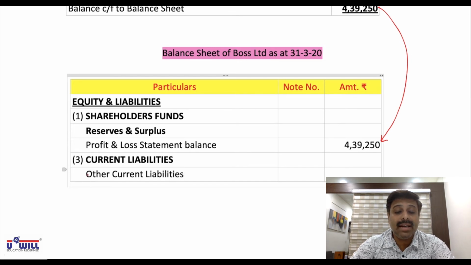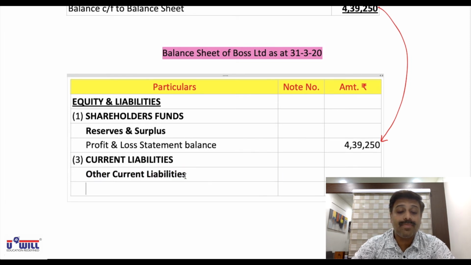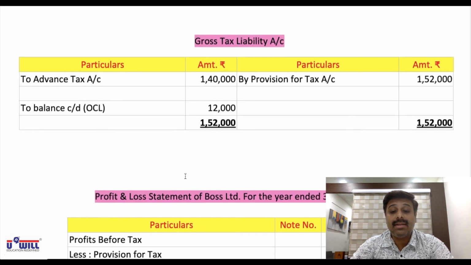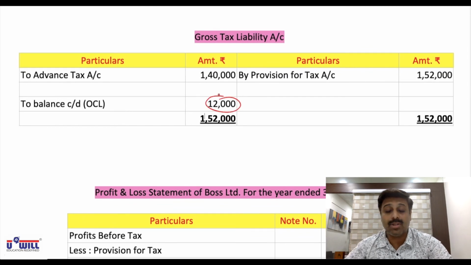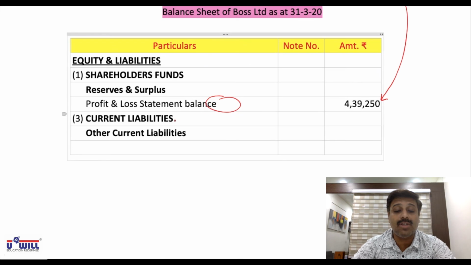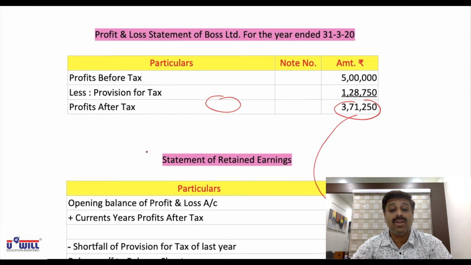In other current liabilities heading, we will show this amount: 12,000. Tax payable of 12,000, gross tax liability of 12,000 will show in other current liabilities. So these are the effects we have to give on liabilities side.